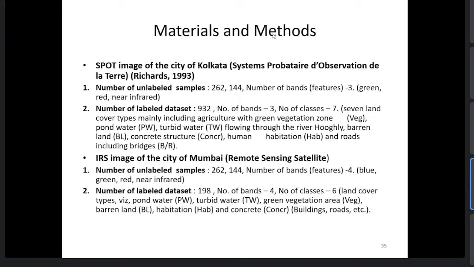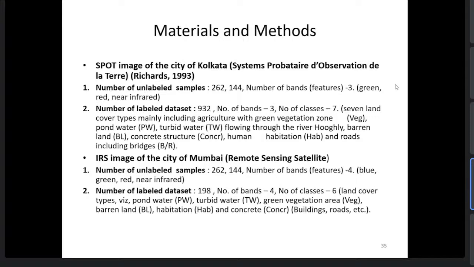Here is the number of unlabeled samples. You know that for supervised learning we need labeled data, and for unsupervised learning we need unlabeled data. So how many samples are there? It is 2,62,144.